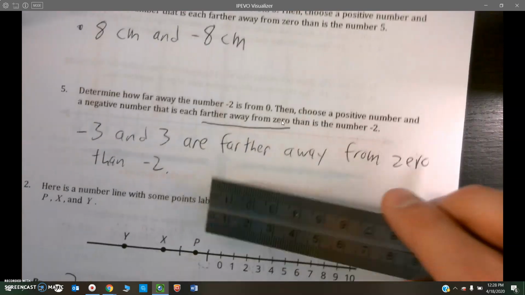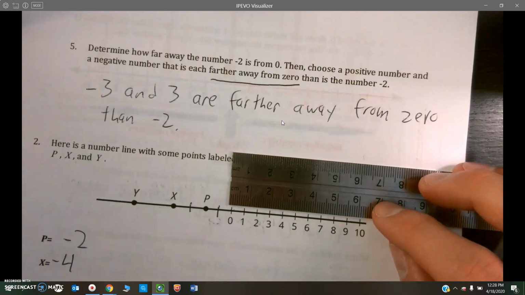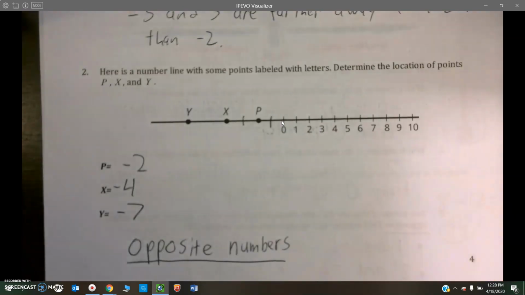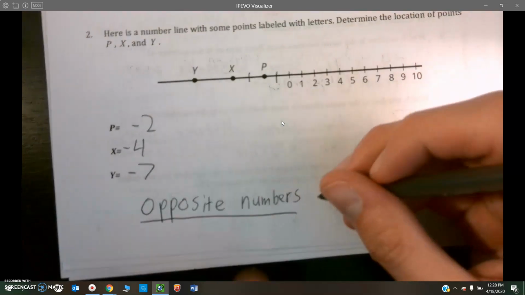So then what positive? That would be the opposite of the positive number that's 4.5 away. And that looks to be about 7. So Y would be -7 then. So opposite numbers, once again to review, are numbers that are an equal distance away from 0.